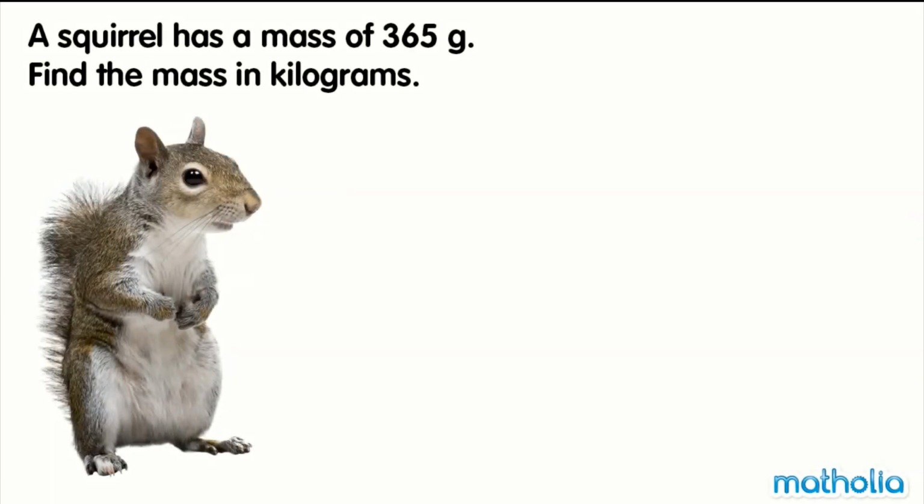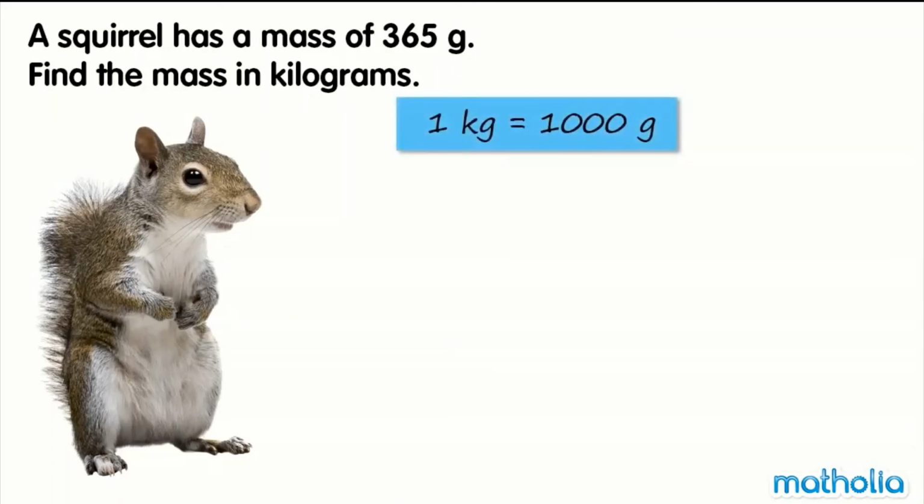A squirrel has a mass of 365 grams. Find the mass in kilograms. We know that in 1 kilogram there are 1000 grams. To find the mass in kilograms, we need to divide 365 by 1000.